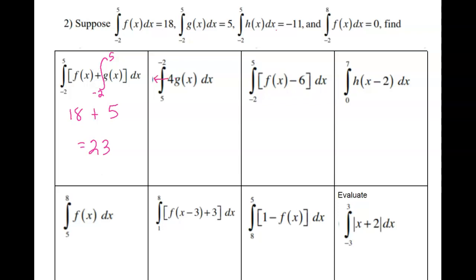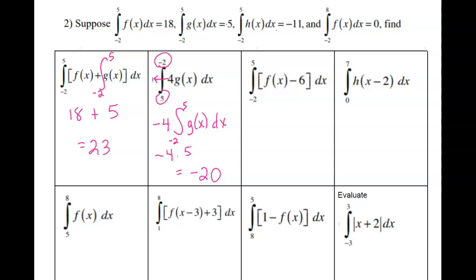We can factor that out, but I also notice that my limits are backwards. So if I factor out a -4, I can switch those limits. And then by substitution, we get -20 integral value.